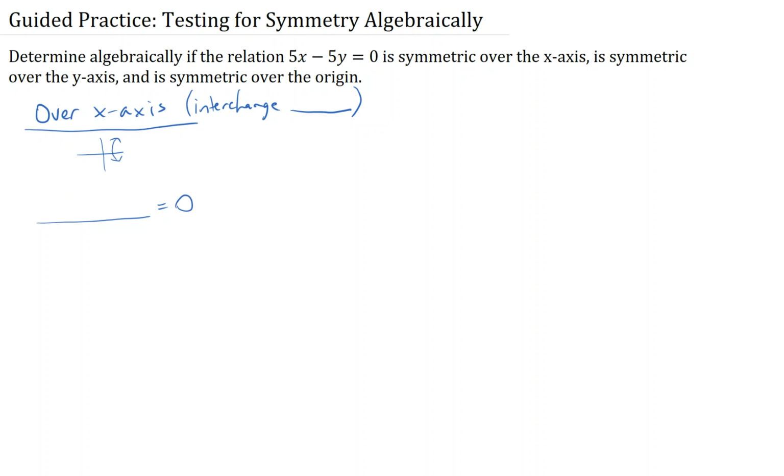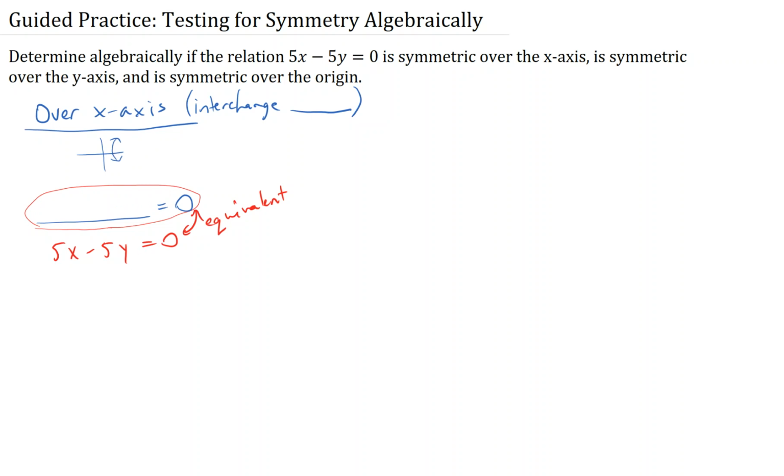Once you've done that, then you're going to compare to the original relation and ask yourself, are they equivalent? So sometimes you may have to manipulate this new equation you get, simplify it, maybe multiply both sides by a negative or something like that to see if you can turn this interchanged equation into the original.